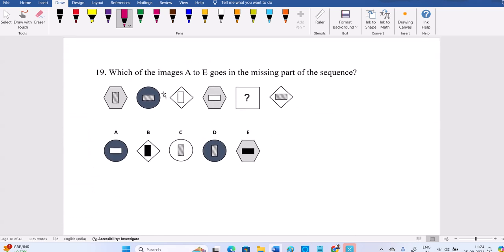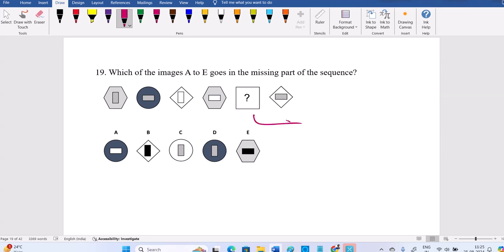Now let's see about the image based question. So what can we fix here?